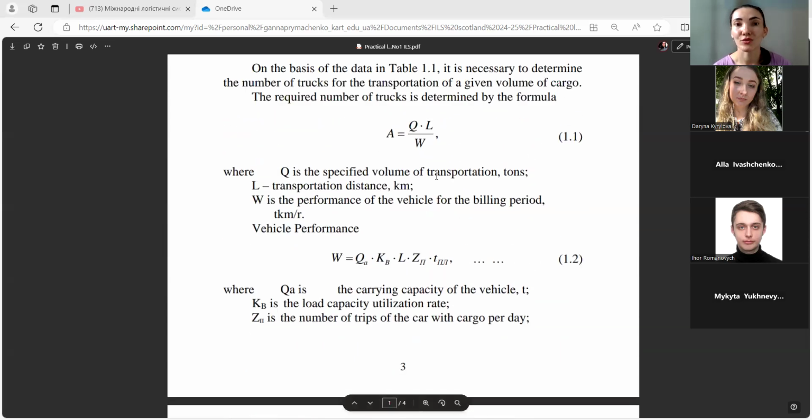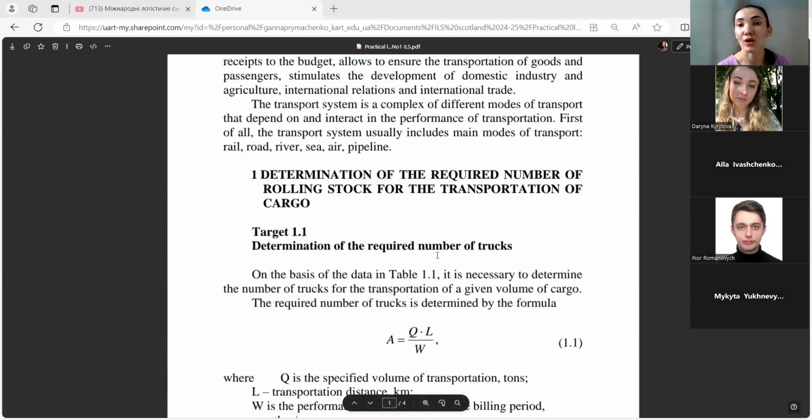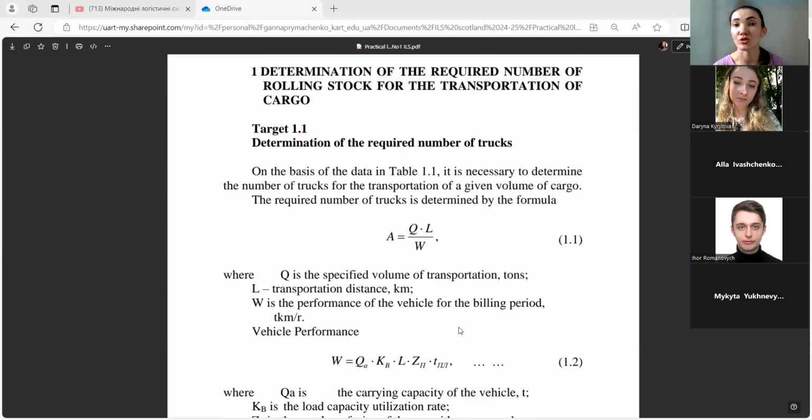Okay, our last formulas, it is very short. We write A. It is the number of transport we need to transportation our part of goods. So we use Q. Q big, it is the specified volume of transportation on the whole year.